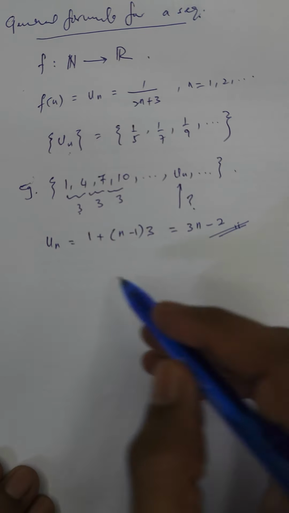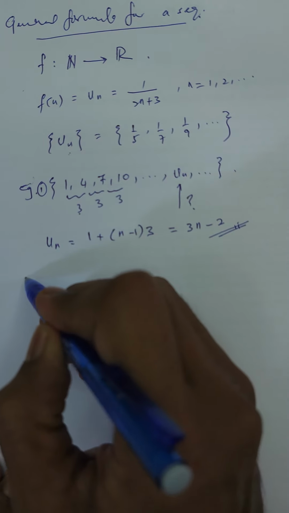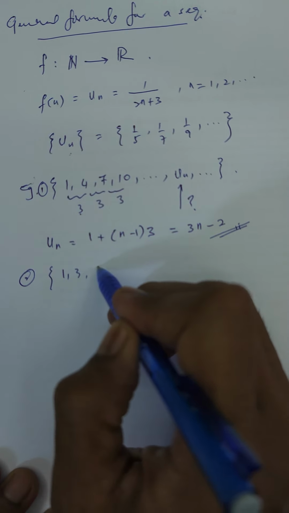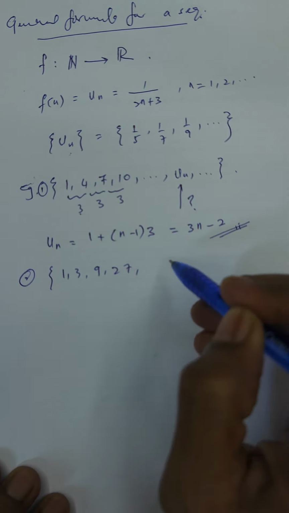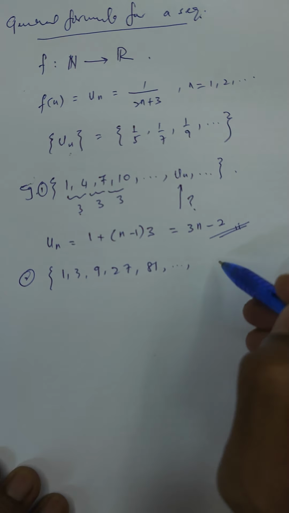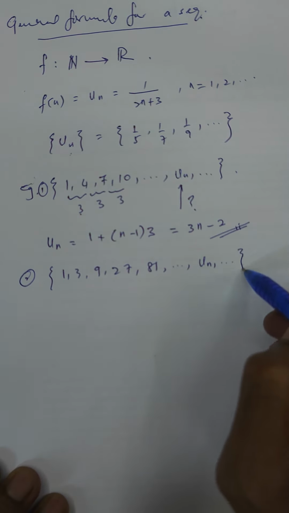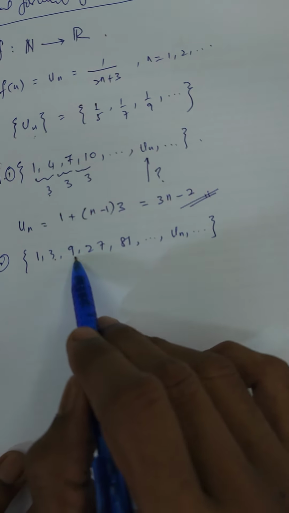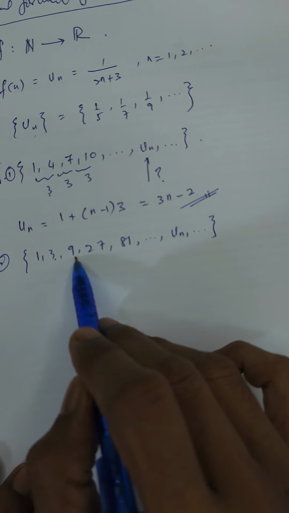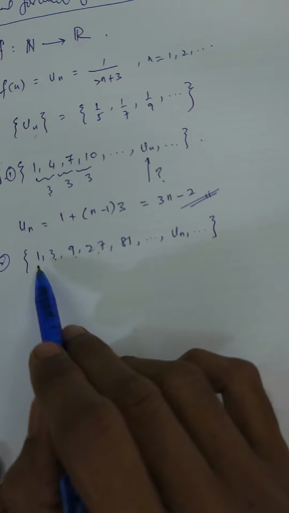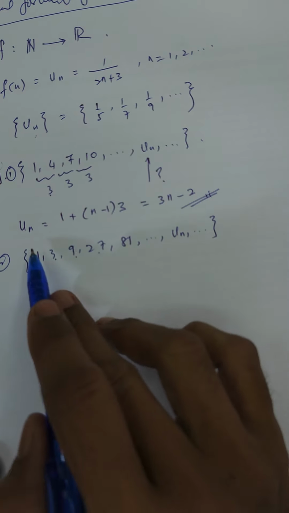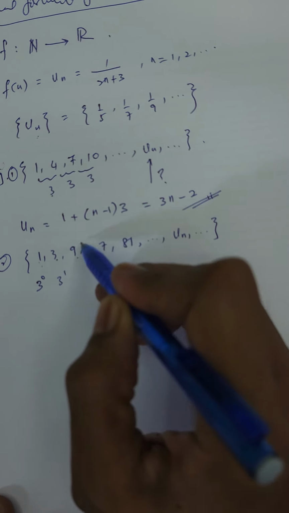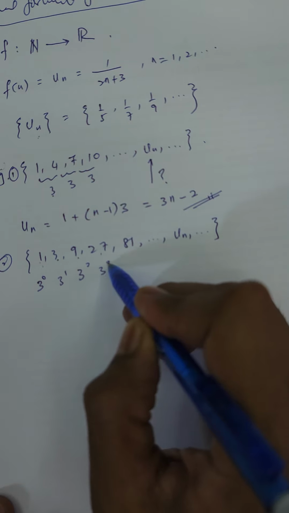Another example: let's consider the sequence 1, 3, 9, 27, 81, and so on. As you can see here, this is 3 to the power of 1, 3 to the power of 2, 3 to the power of 3, but this first term is 1. Which means to get 1, this is 3 to the power of 0 here. This is 3 to the power of 1, this is 3 to the power of 2, this is 3 to the power of 3, and so on.